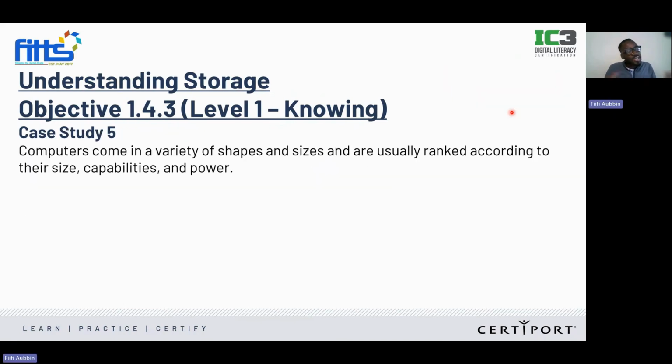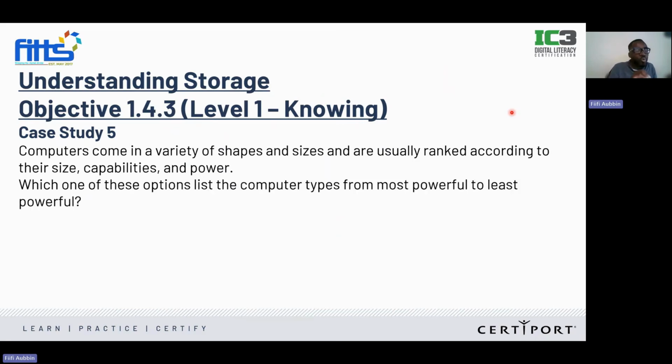So let's look at our case study 5. Computers come in a variety of shapes and sizes and are usually ranked according to their size, capabilities, and power. Which one of these options lists the computer types from most powerful to least powerful?